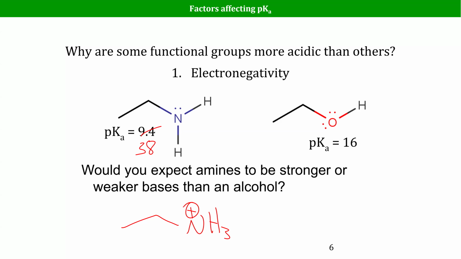But he basically said, okay, we're going to put the least electronegative thing, we're going to call that 1. And the most electronegative thing, we're going to call that 4. And then you just divvied everything up in between there. So the more electronegative something is, the more acidic it is.